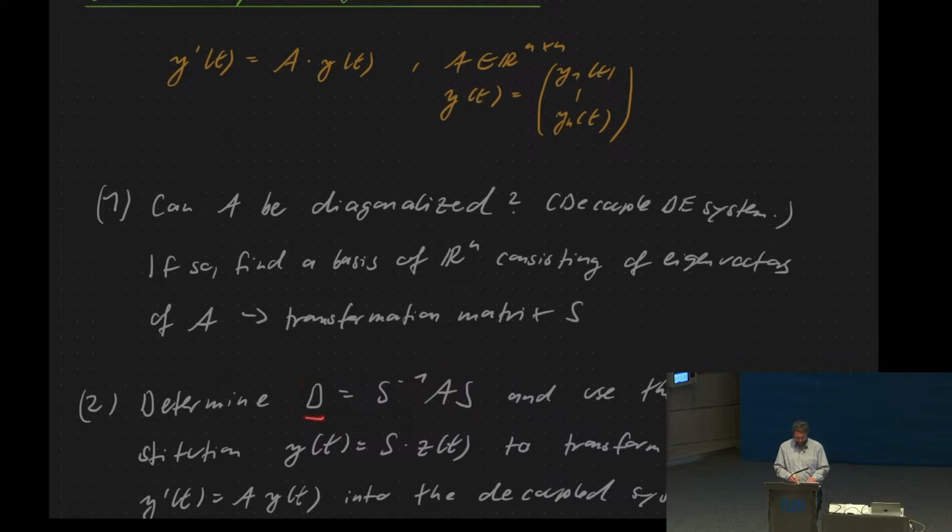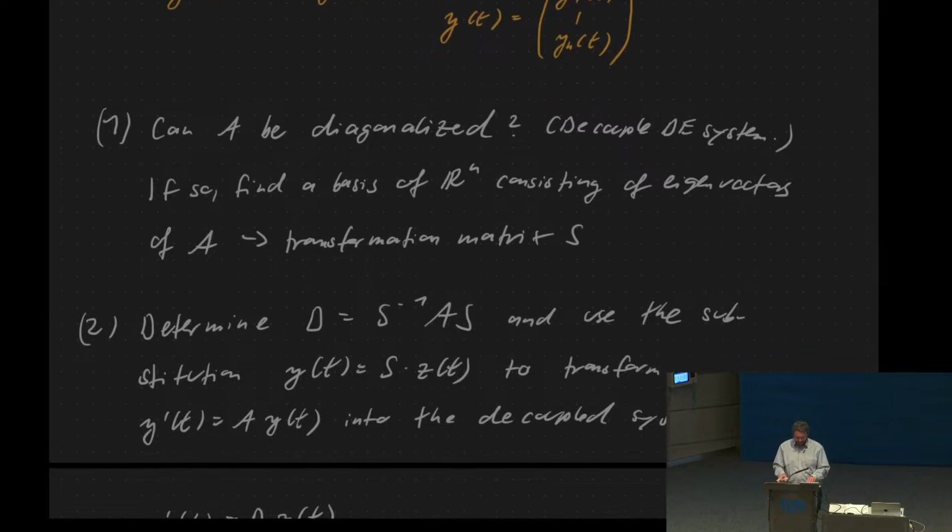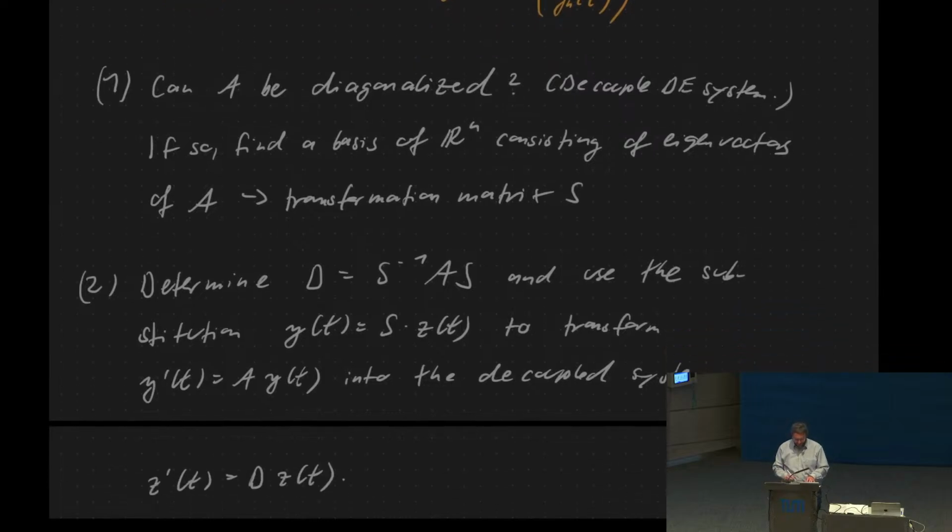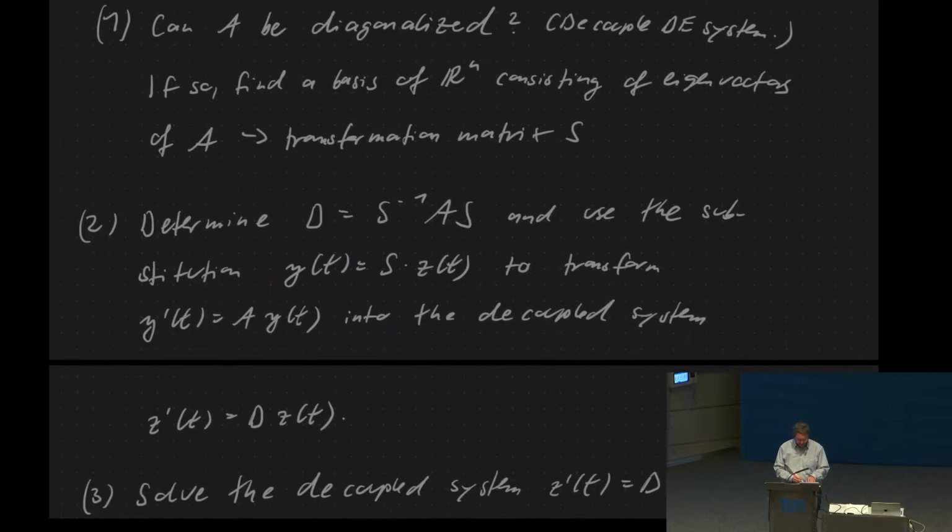Then we determine the decoupled system by executing that transformation. We compute this diagonal matrix here, where the eigenvalues are on the diagonal, and we use this substitution to transform our system into a new system that looks like this. That's called the decoupled system.